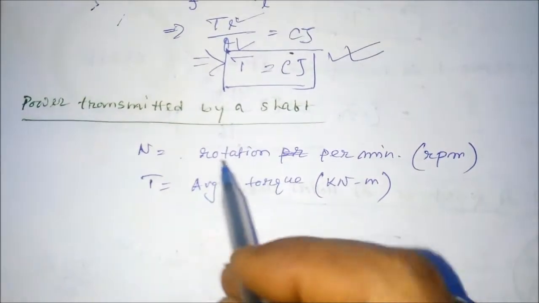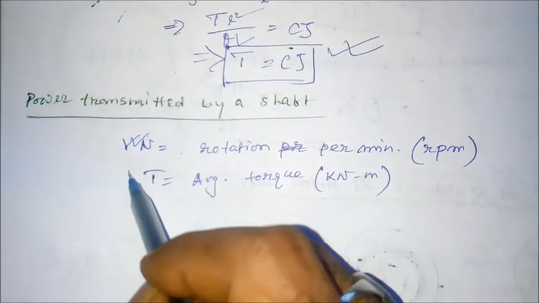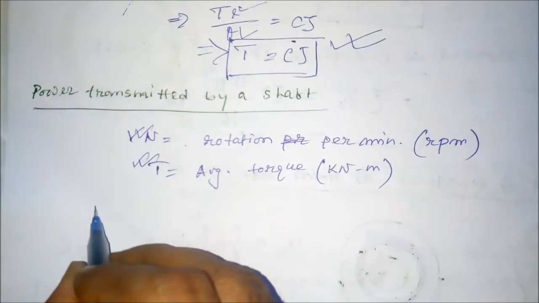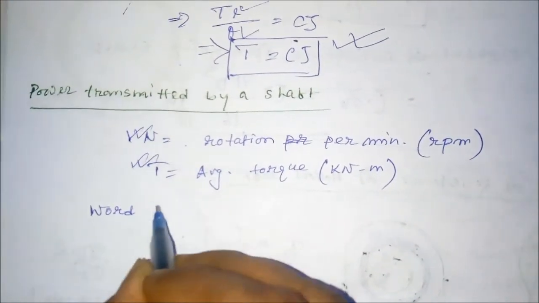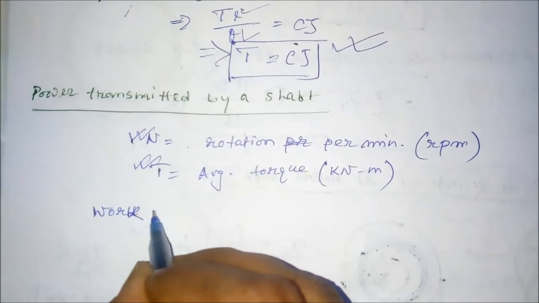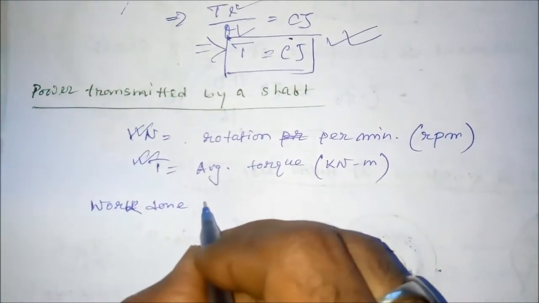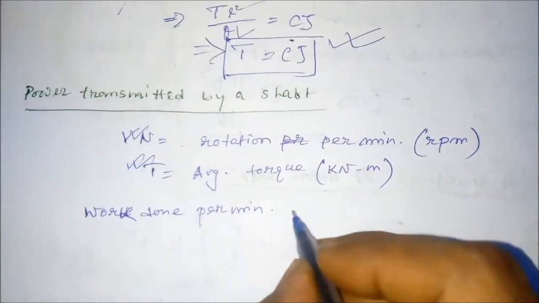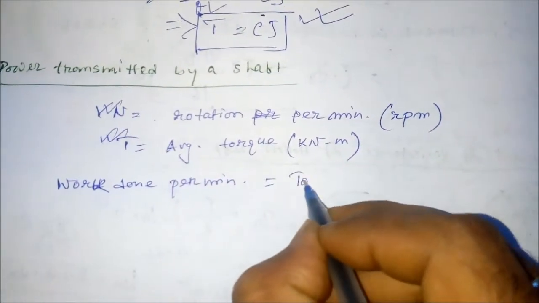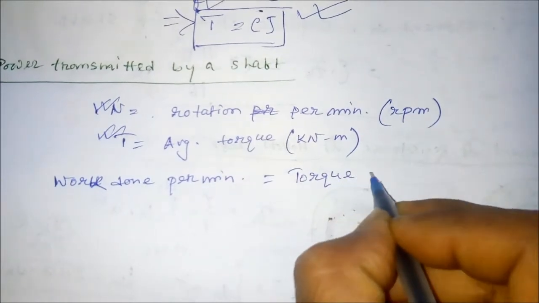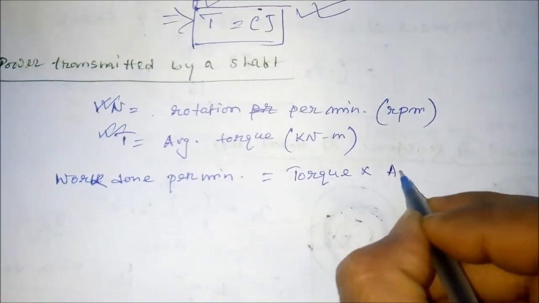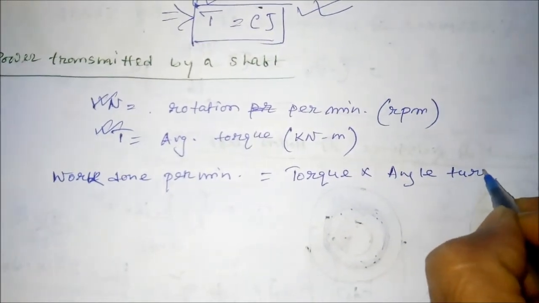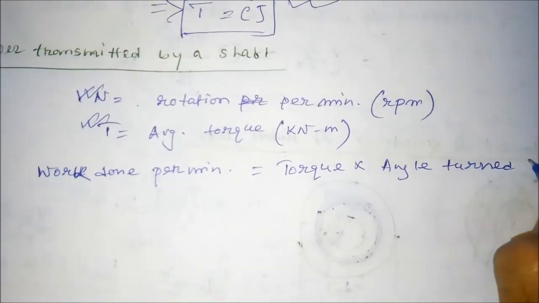Then if this is the rotation per minute due to this torque applied, then what will be the work done by the shaft per minute? This will be equal to the average torque multiplied by the angle turned per minute, right?